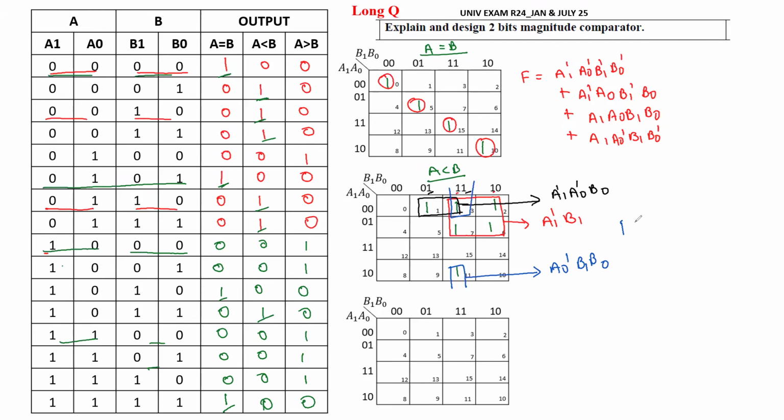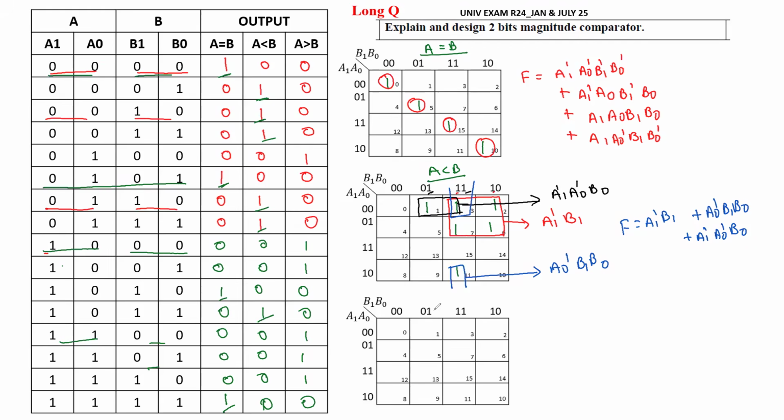So for this finally function is A1 dash B1 plus A0 dash B1 B0 plus A1 dash A0 dash B0. Okay. So this all, if you rearrange, you'll have some better combinations like some XOR gate, all this combination you'll get there.